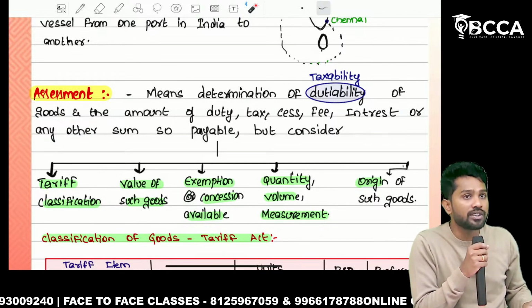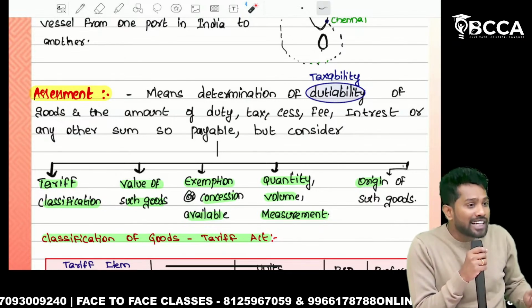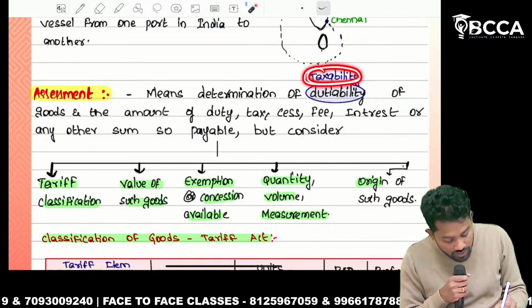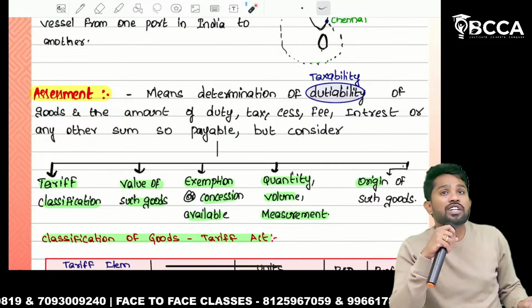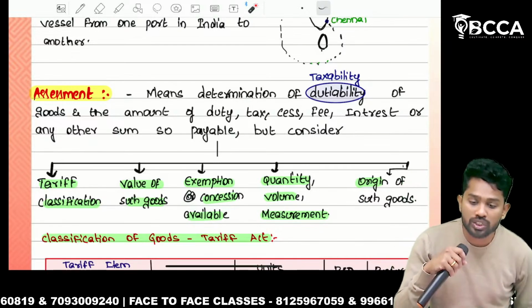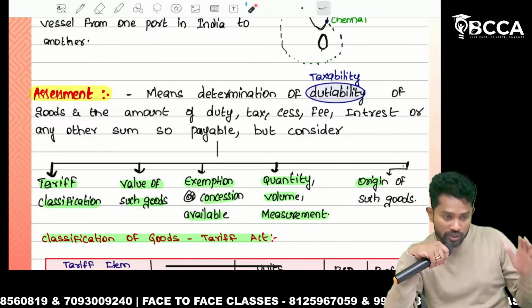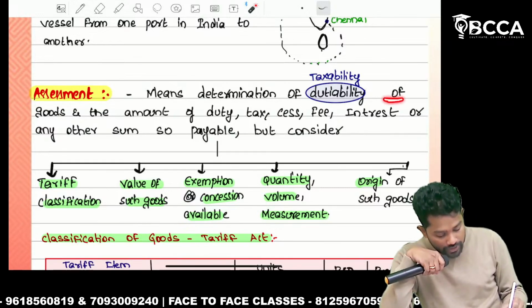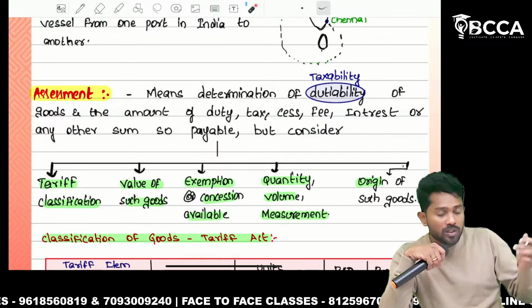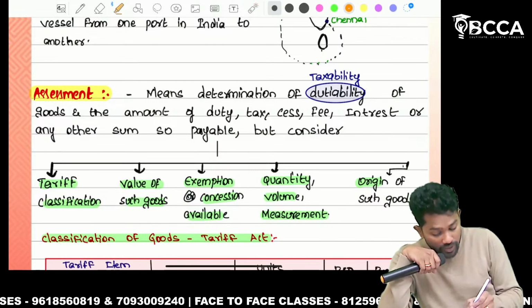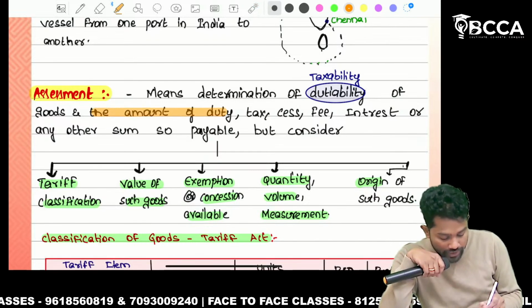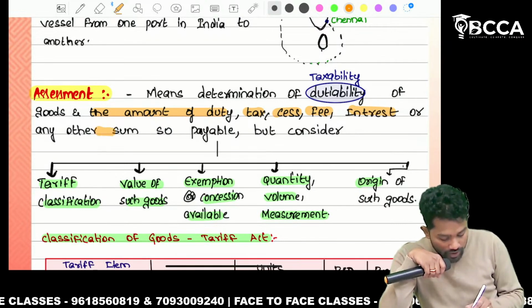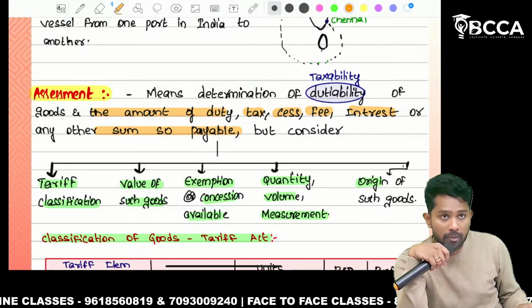You need to find out whether the goods are taxable or not. Instead of taxable, we are using the word dutability. So first you will find out whether the goods are dutable or not. Once you find out that they are taxable, then find out the amount of duty, tax, cess, fee, interest or any other amount so payable.